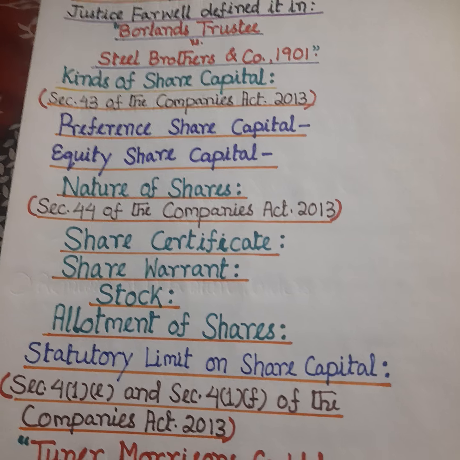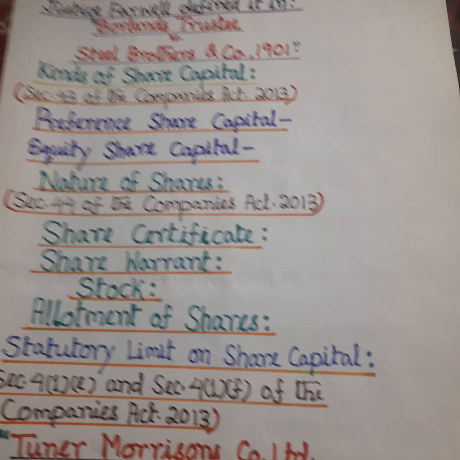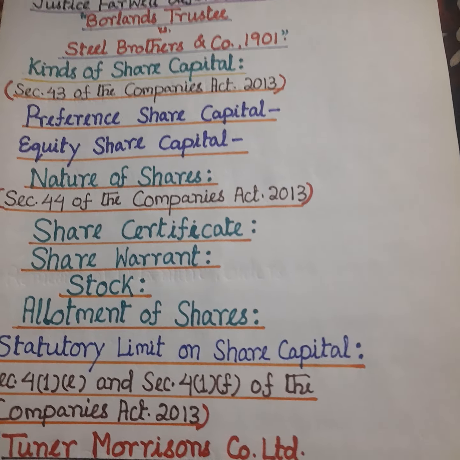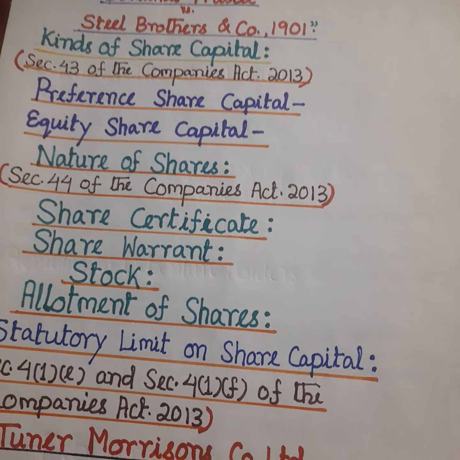So a company limited by shares may, if so authorized by its articles of association, issue preference shares which are, or at the option of the company are to be, liable to be redeemed.